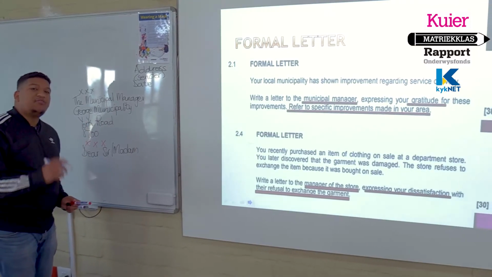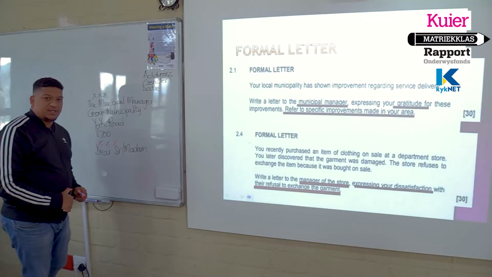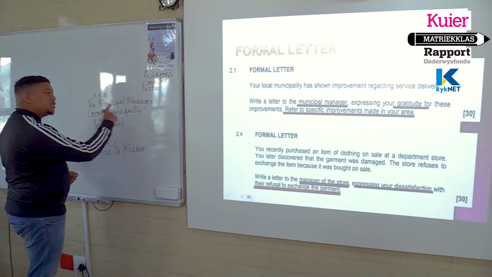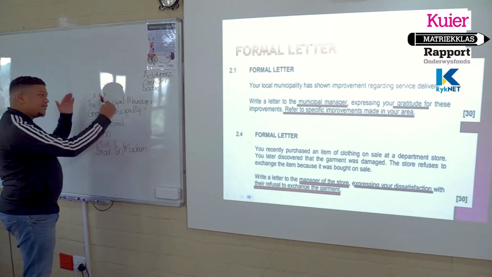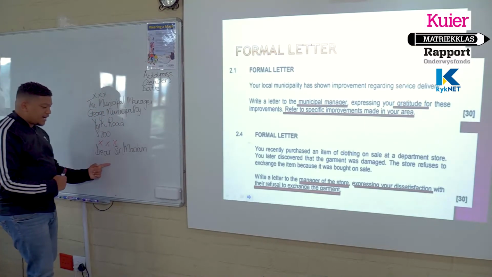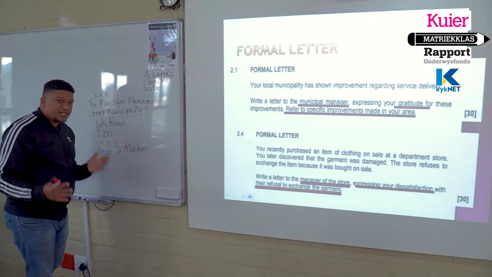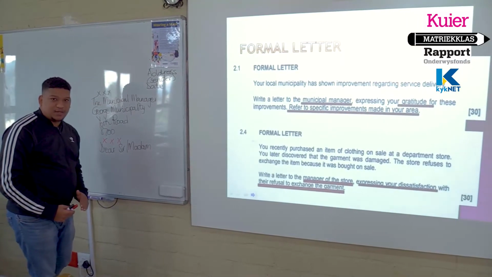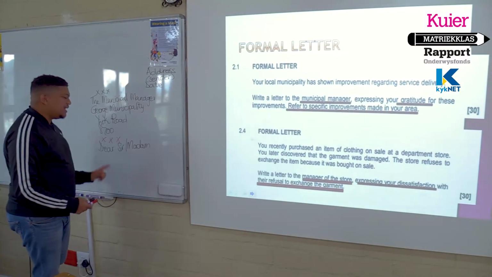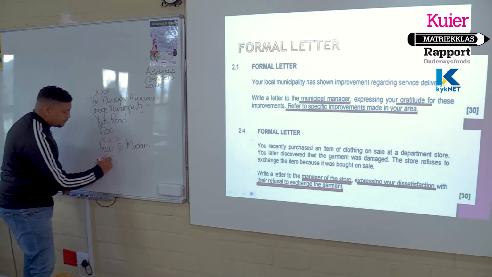However, if I do know that Mr. De Bruin is the municipal manager, I could indicate the municipal manager, Mr. De Bruin, or I would just indicate Mr. De Bruin, then the municipal manager, so that here I indicate dear sir. If it's a female, same thing. I would indicate the name, dear madam. But if we do not know, and at that moment we cannot think, let's stick to dear sir or madam. And then I leave a line open.